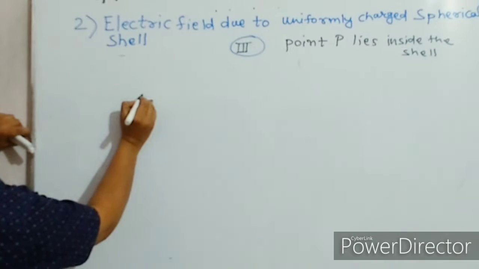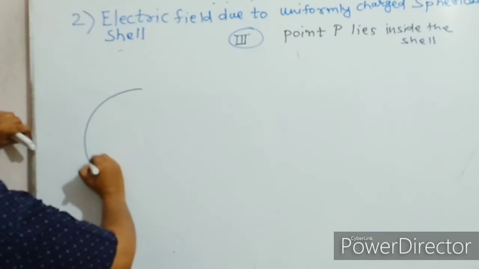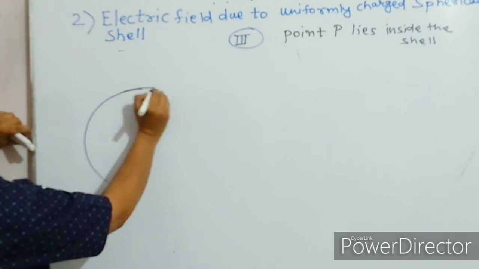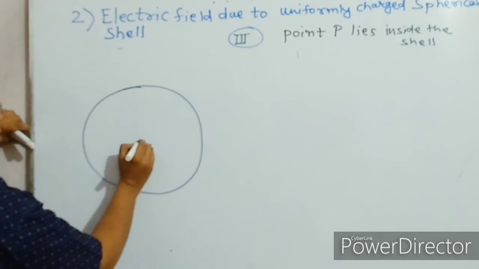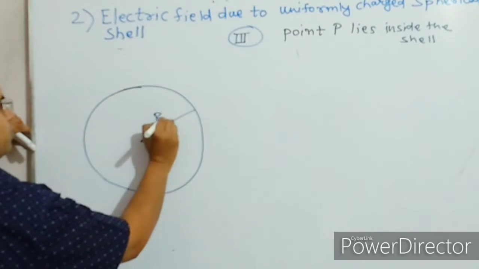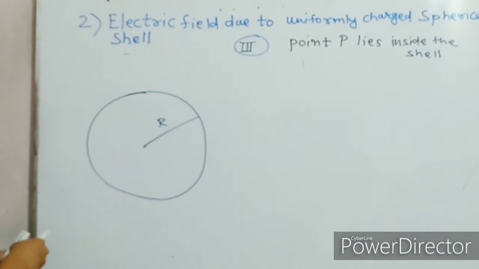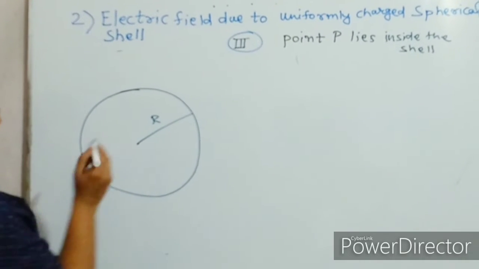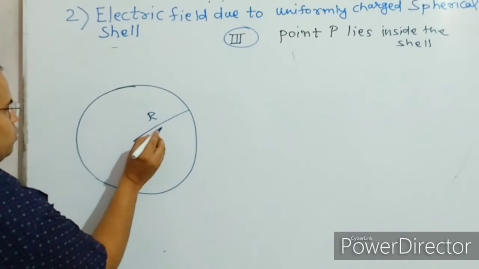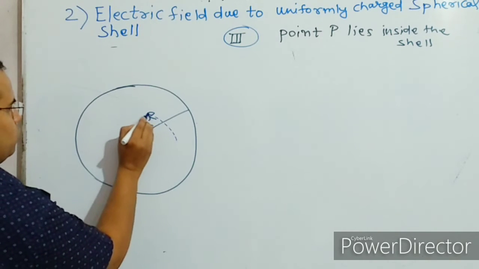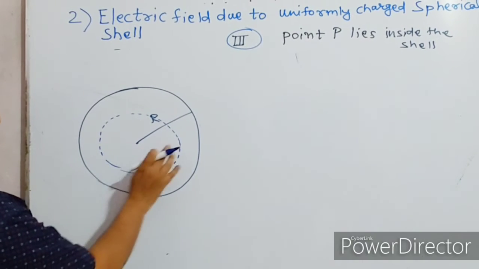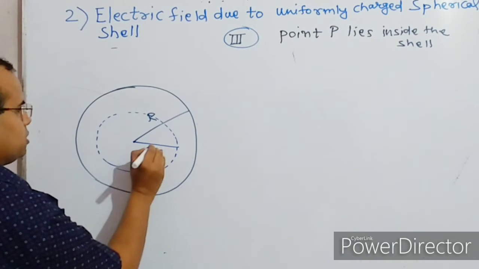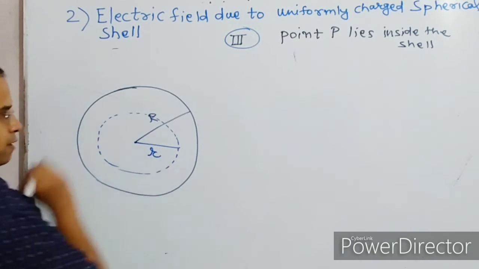So let us consider this is the shell, and this is radius capital R, and say point P is lying inside somewhere here. So we have to make a Gaussian surface for this, which is going from this point, and this is say small r.